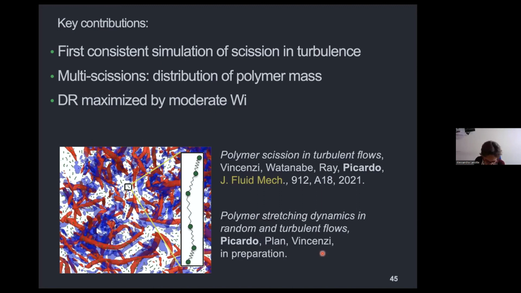So my question is, the fact that the polymers break more frequently in the middle, does this depend specifically on the features of your flow, or do you imagine that this is a general feature?